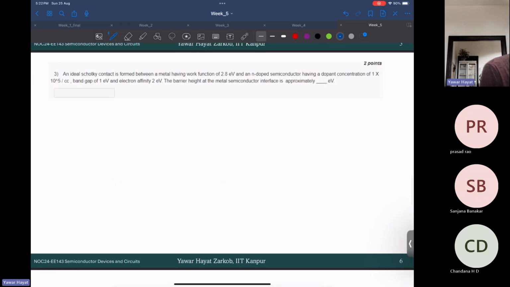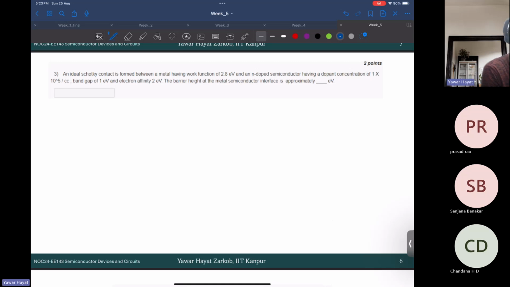Now third question. It is said that an ideal Schottky contact is formed between a metal having a work function of 2.8 electron volt and an n-doped semiconductor having a dopant concentration of 10 to the power 5 per centimeter cube.